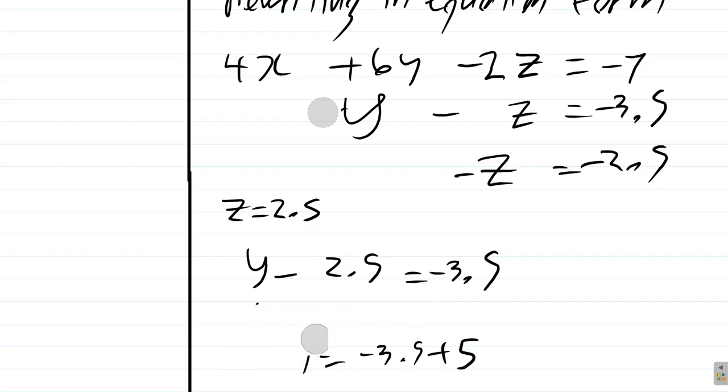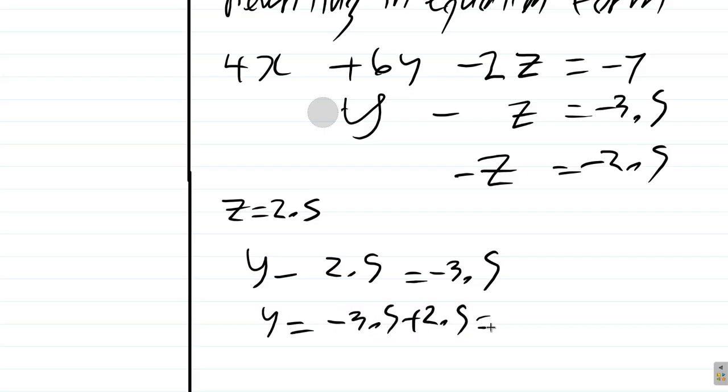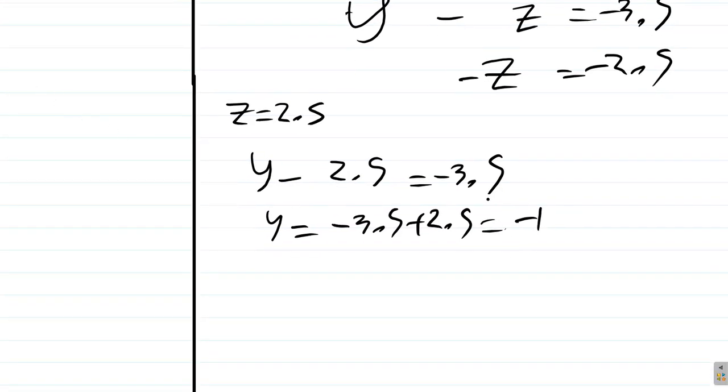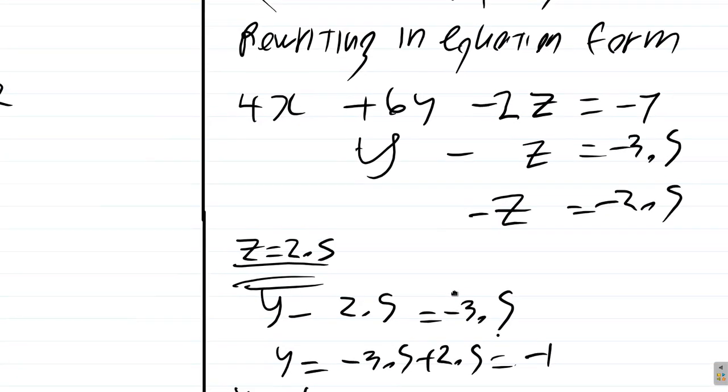That means, let me erase this and redo this part. y is equal to negative 3.5 plus 2.5. That would be negative 1. So y equals negative 1. Let's highlight these. We're going to come back to them later on.